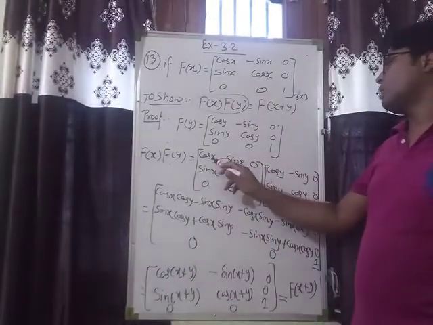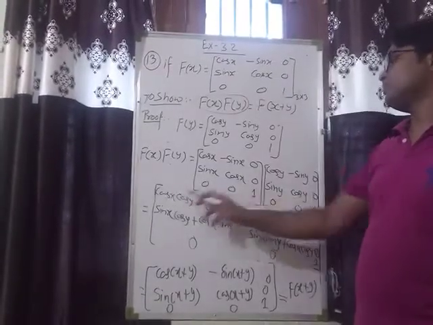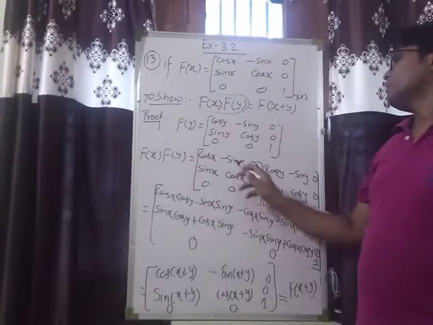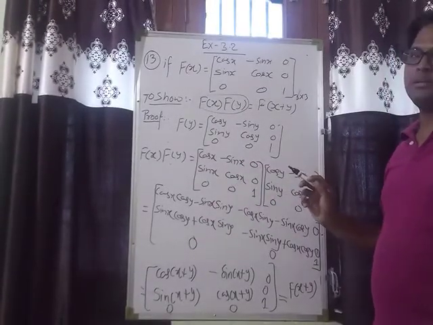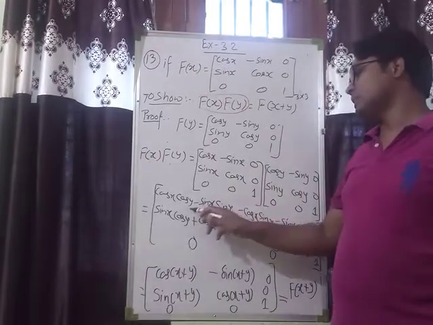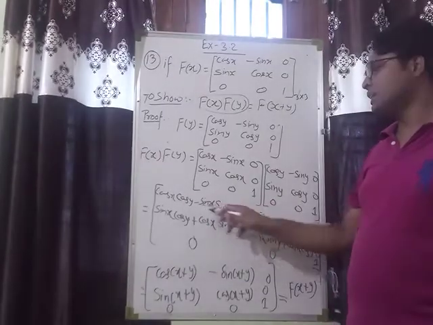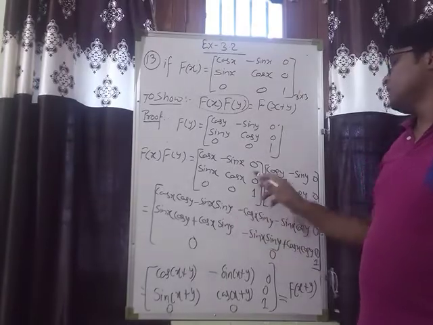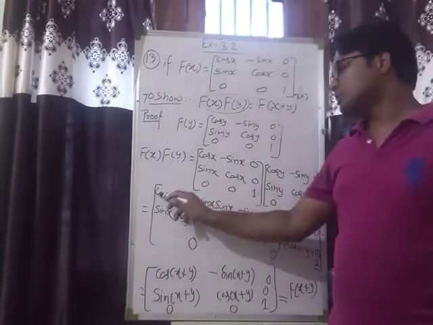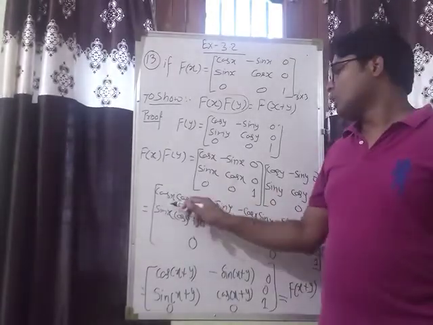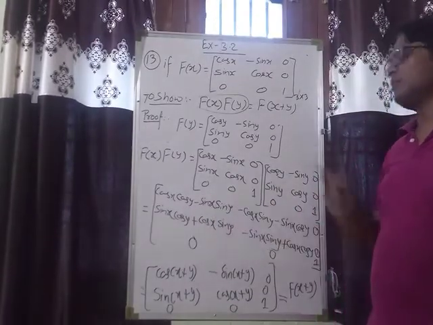So what we have, cos x into cos y, plus minus sin x into minus sin y, that will be minus sin x sin y, into 0, that is 0. Okay, so the first entry will be cos x cos y minus sin x sin y.